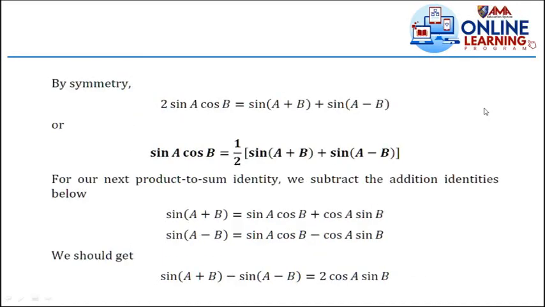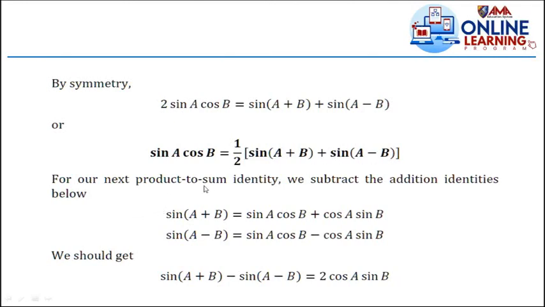Next, by symmetry, 2 sine A cosine B is equal to sine A plus B plus sine A minus B. So therefore, sine A cosine B, we remove the 2, is equal to 1 half sine A plus B plus sine A minus B.